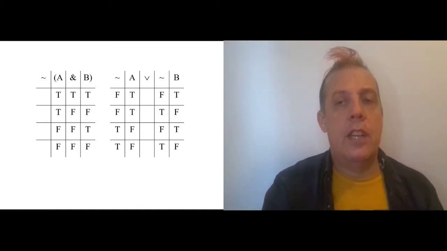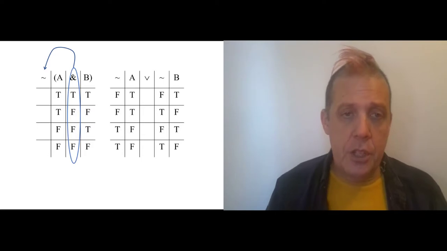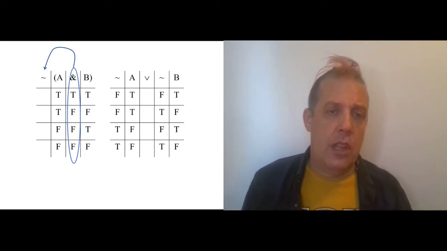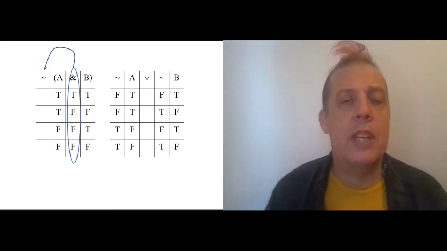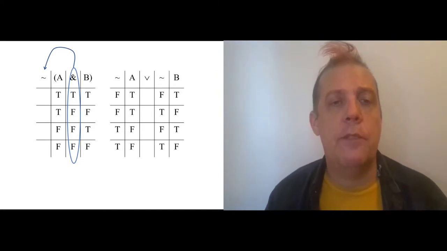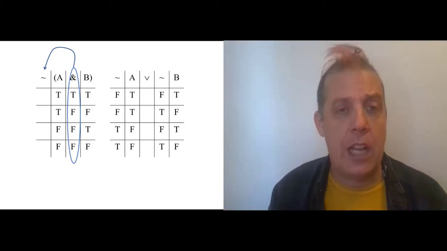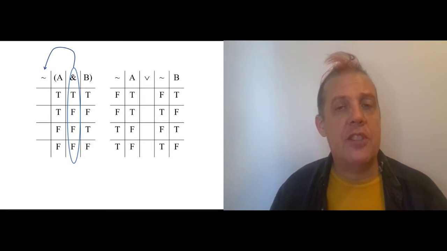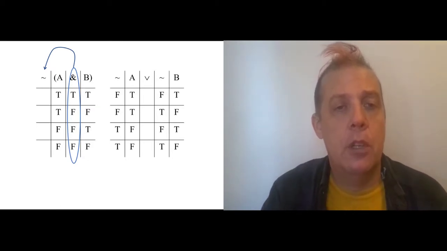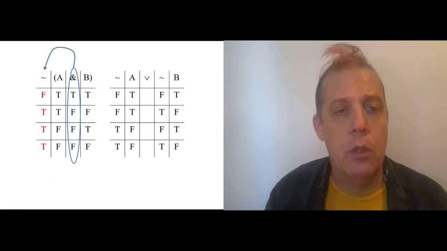When we fill in the negation for the sentence on the left now, what we're going to be negating is the last thing that we filled in. So the last thing we filled in was the column for the and, right? That goes true, false, false, false. That's the column that's being flipped for the negation, and so we get false, true, true, true.